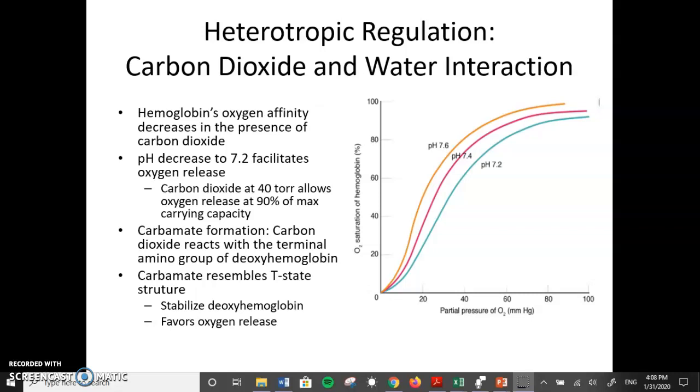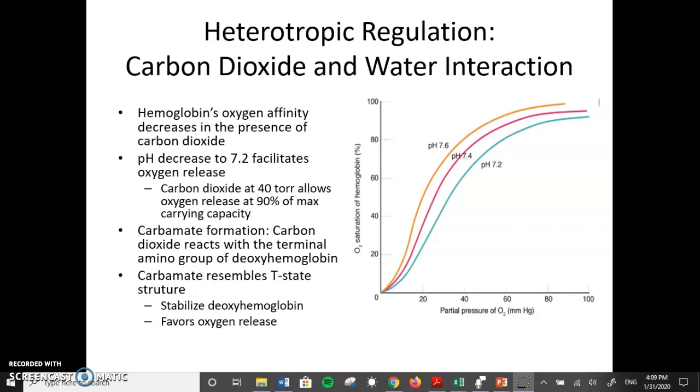I should also state that that value of 77% is higher than if there were no pH change. If there's no pH change, about 66% of oxygen will be carried. Then we can move into the Bohr effect.